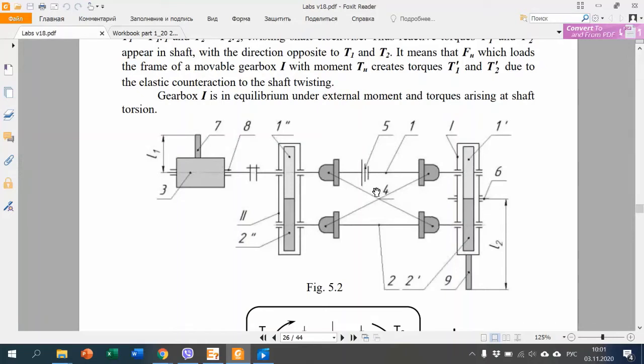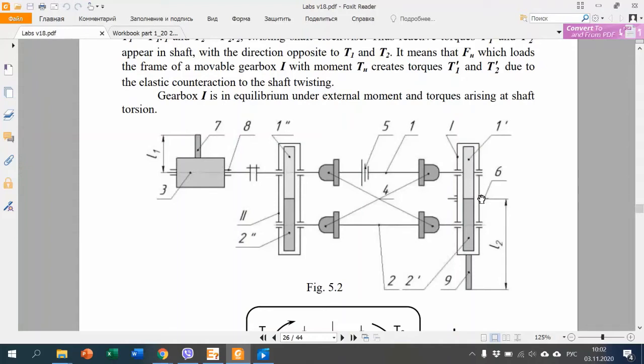But we can make different angles of twisting, and create different forces between wheels. But in such case, we need to stop our set every time when we try to change this force. And we should disconnect, turn, connect, and so on. It's a very complicated process.